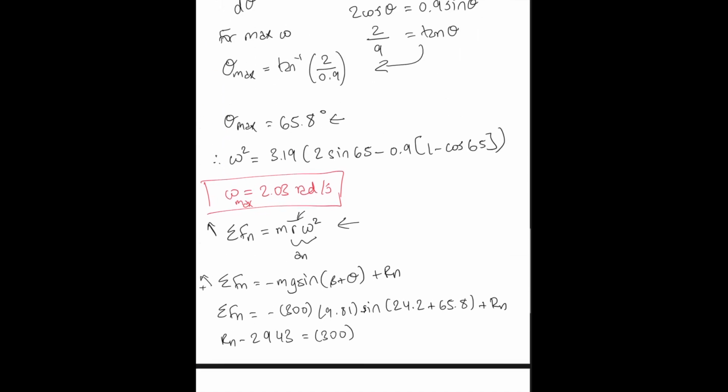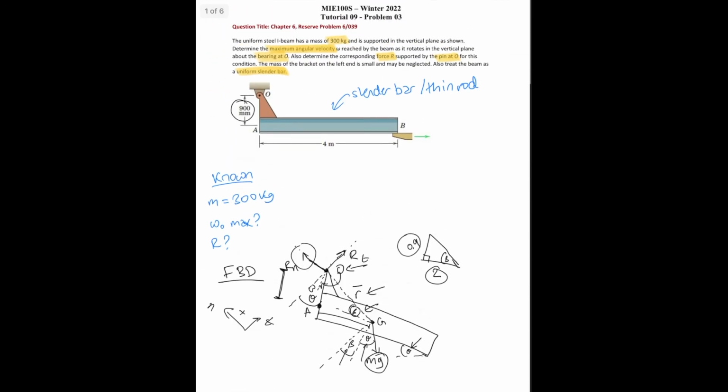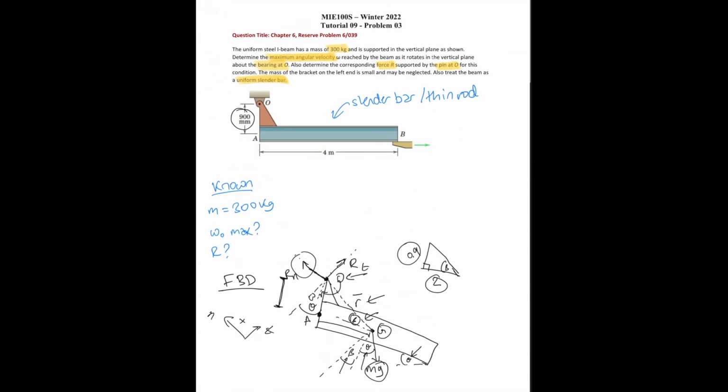And once we calculate those, we can plug them into this equation over here to give us Rn minus 2,943 is equal to 300, and R over here is going to be the distance from G to O.